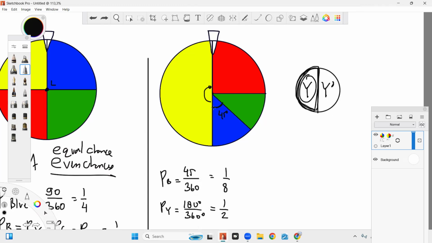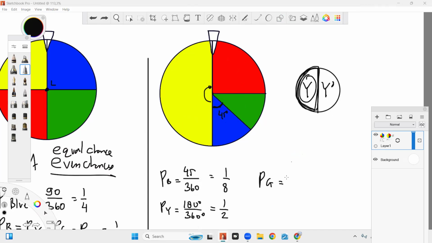This is also the green color. You don't have to memorize the angle. You just look. If you separate this into equal parts, all the shapes should be the same, right? So the green color is only 1 out of 8 equal parts, right?